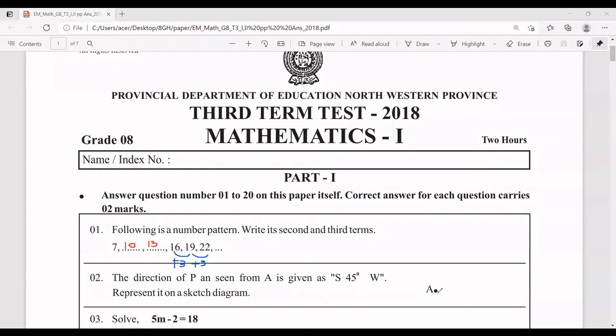Then here they have given point A, P seen from A. So at the point of A, you have to draw main 4 directions. Take this point as the center and draw main 4 directions.